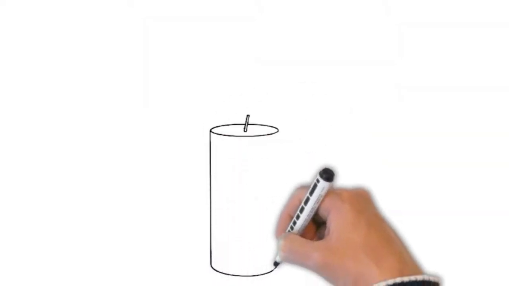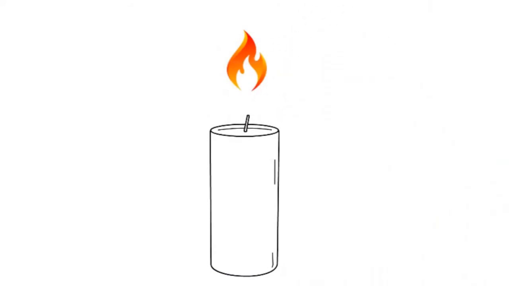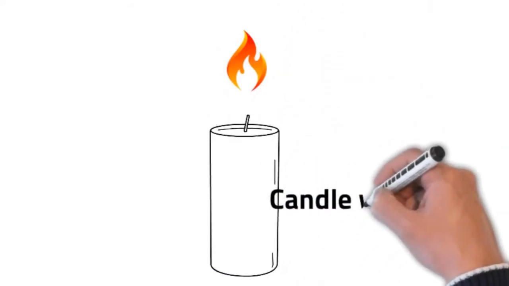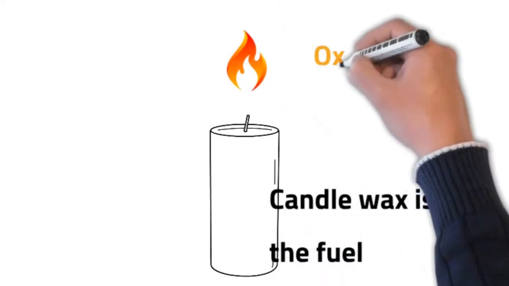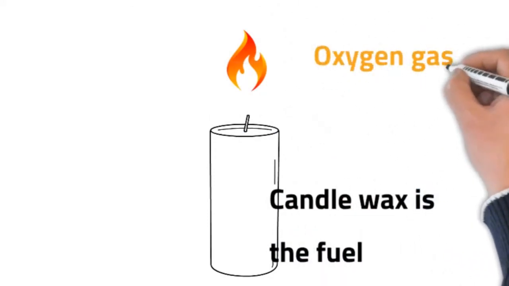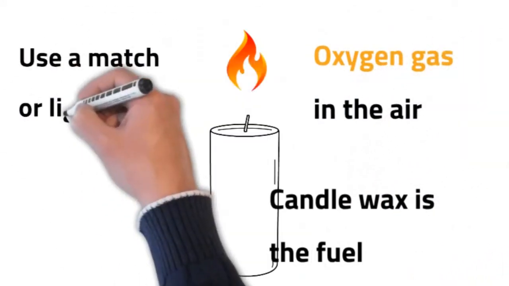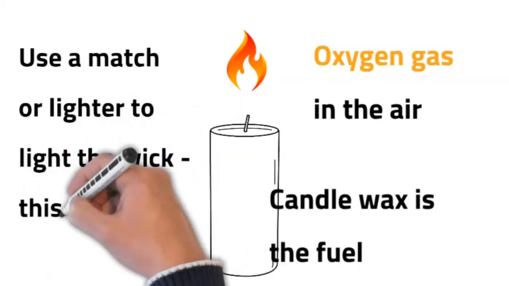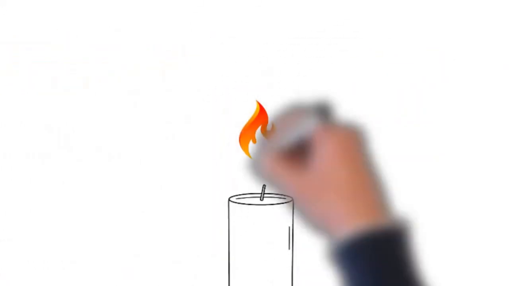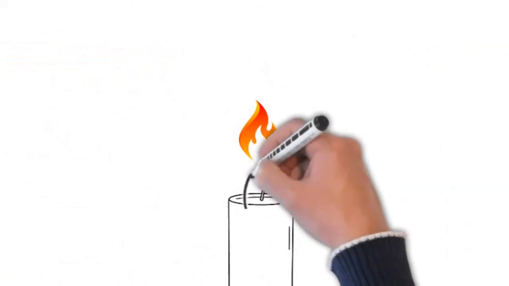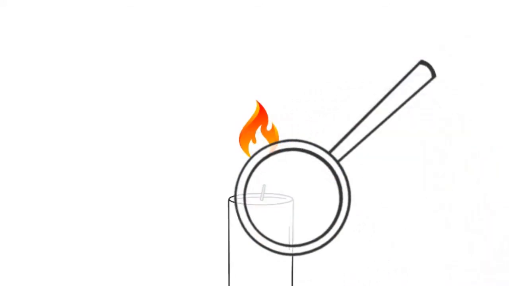Okay, so there is a candle, and the candle is burning. The candle wax is the fuel for the fire. We know that oxygen gas in the air is needed for combustion to take place, and you will either use a match or a lighter to light the wick as the candle burns. So as the candle is burning, let's take a closer look at what is happening where the fire is happening.